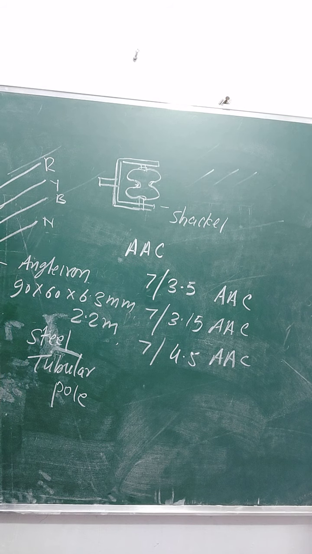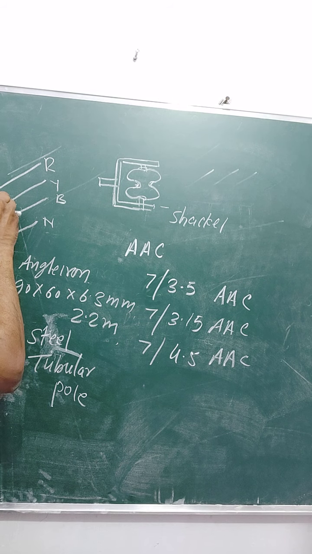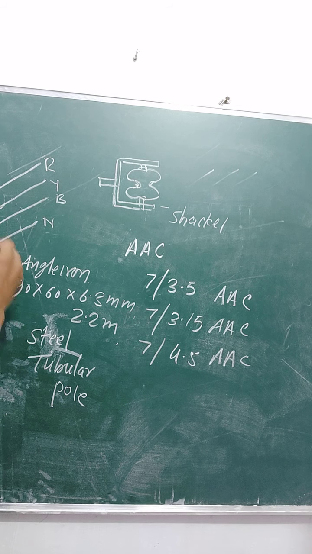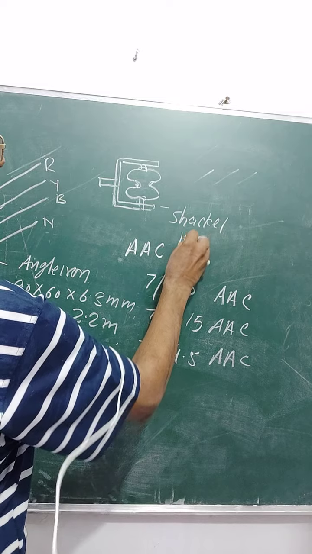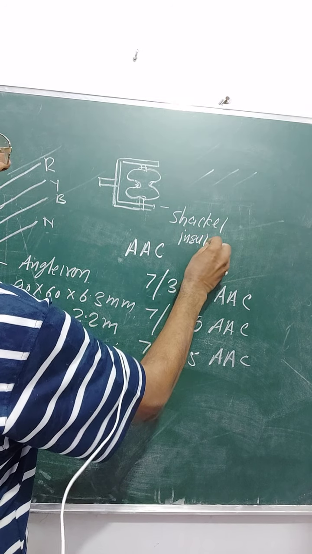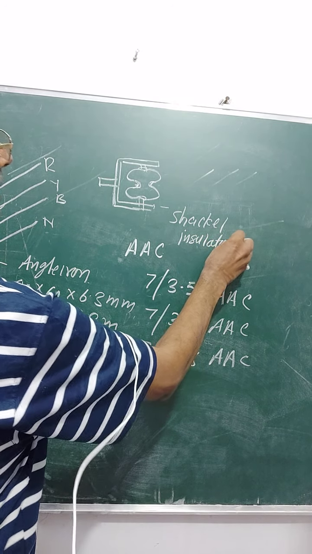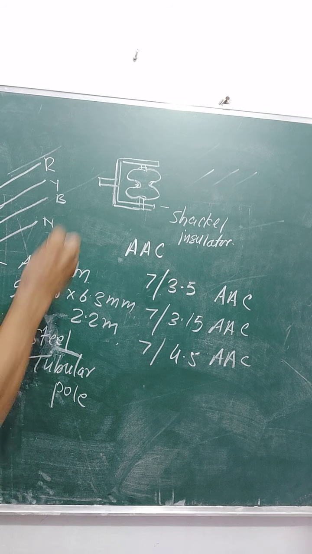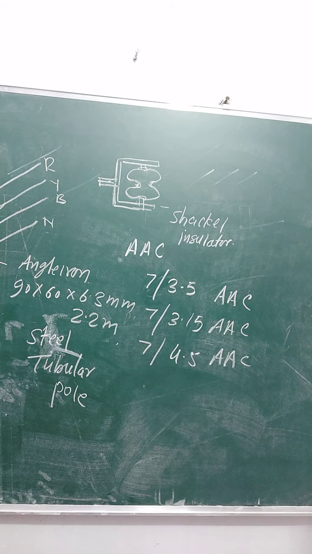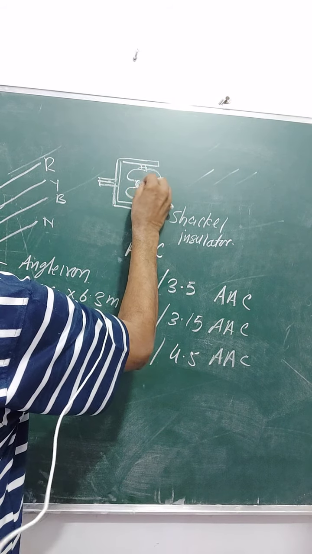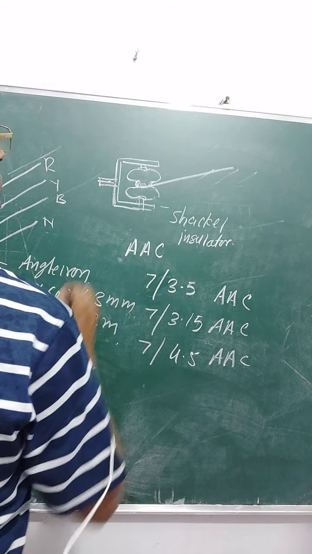Pin insulators are used when we use a cross arm, and if we are not using a cross arm, then you can use a shackle insulator and directly run the line on the pole. With the help of a clamp, they are attached to the pole, and then the conductor is bound here and runs like this.